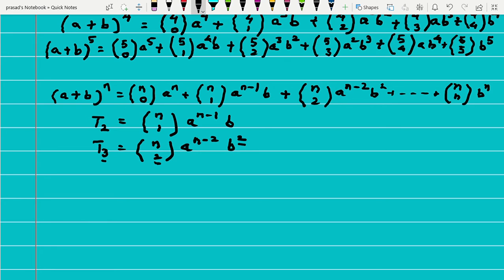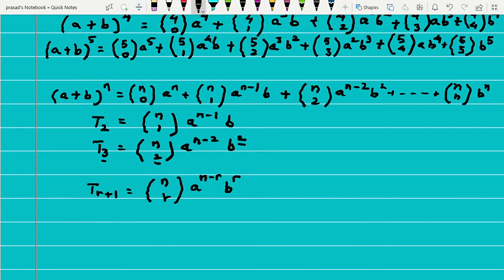So I can write a general formula for the r plus 1 term. What will it be? n c r. When this is the third term, this is 2, so for the r plus 1 term, this will be r. Then here b's power will be r and a's power will be remaining, n minus r.